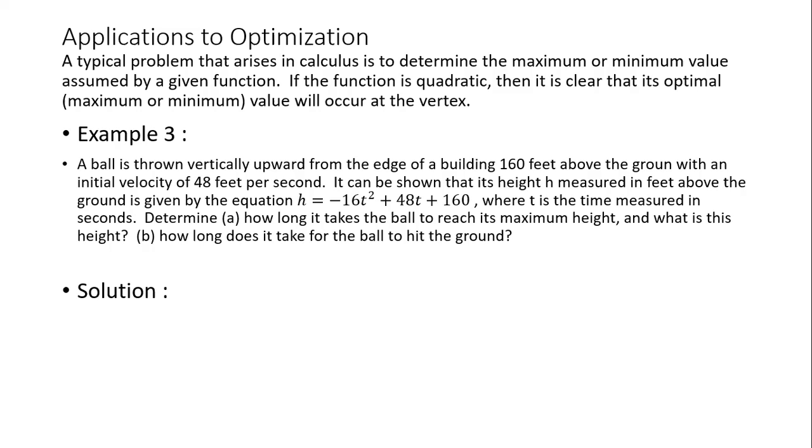A ball is thrown vertically upward from the edge of a building 160 feet above the ground, with an initial velocity of 48 feet per second.